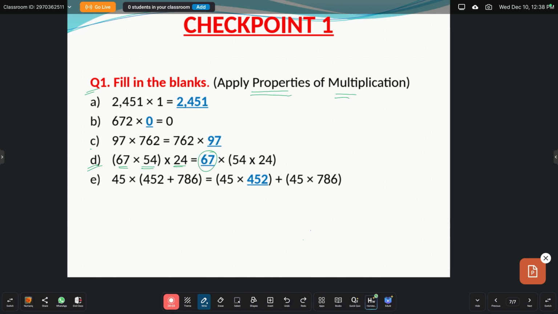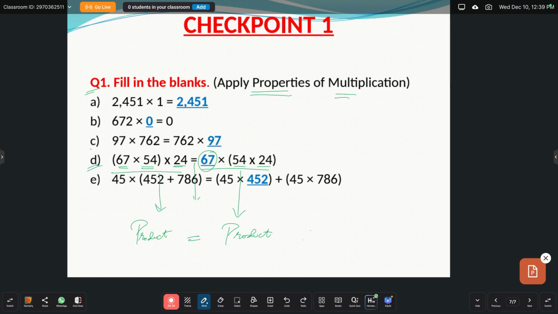We don't know this number. Into 54 into 24. See beta, it is here is equal to. Means the product that you will get here will be same to the product that you will get here. The product on both sides is same. And if you will look towards this question, you will find that two numbers are also same.